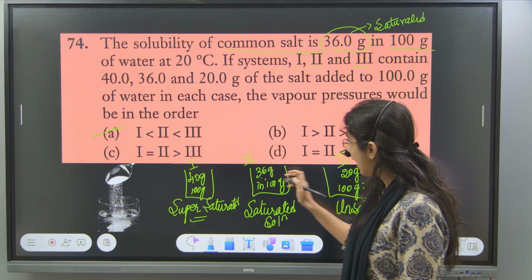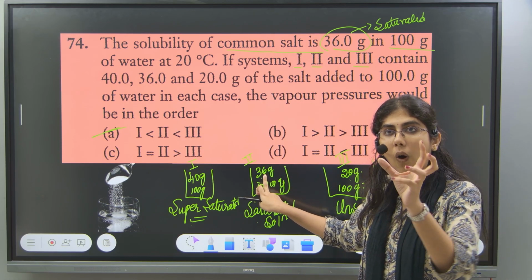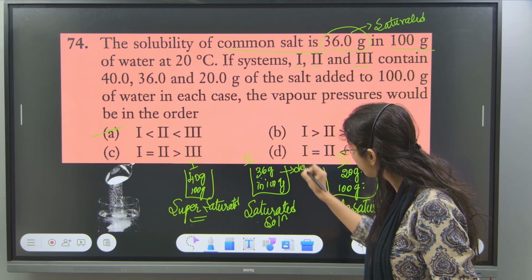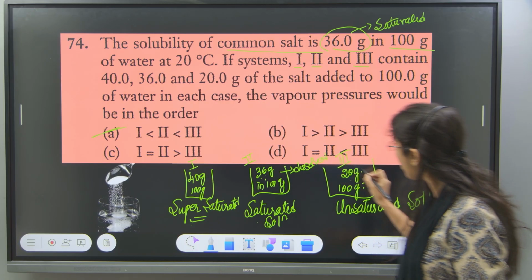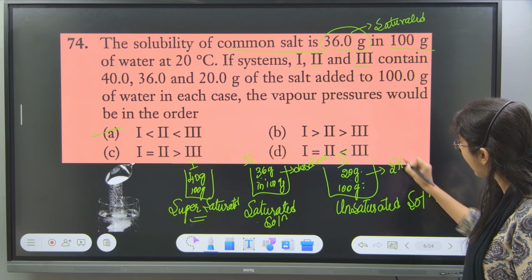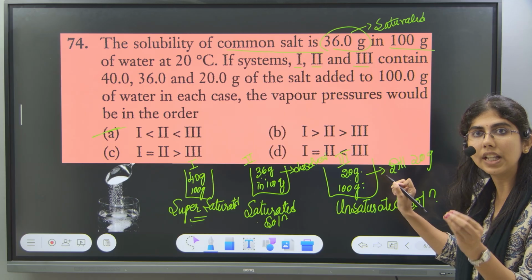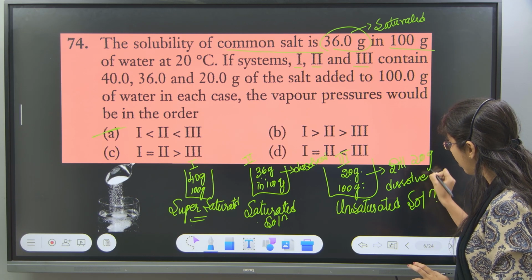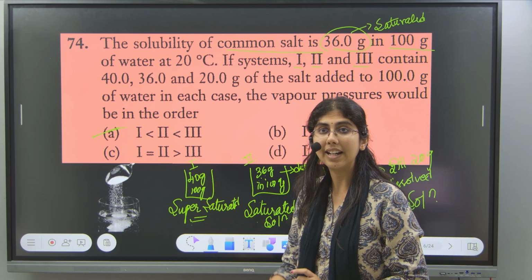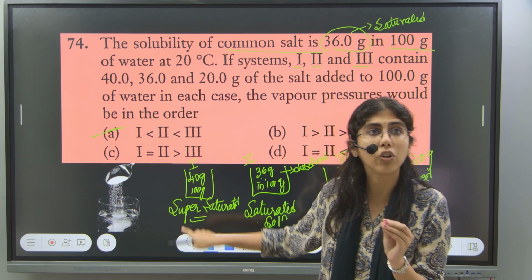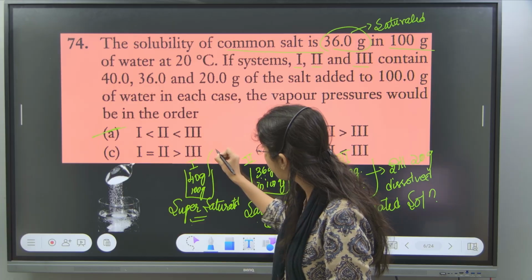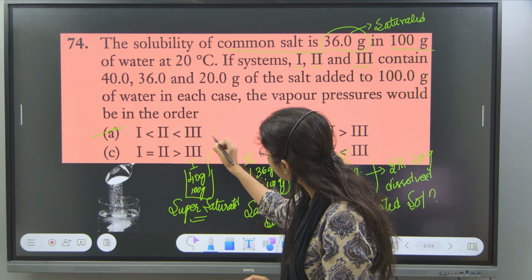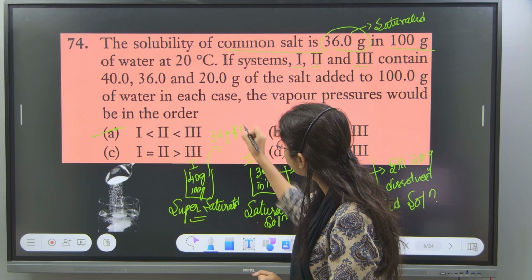Now, here I can see all 36 gram of solute in a dissolved form. Here also, whatever 20 gram of NaCl I have added, all the 20 gram will be in dissolved form. But here, when I have added 40 gram of solute in this water, remember, the 100 gram of water can only dissolve 36 gram of NaCl.